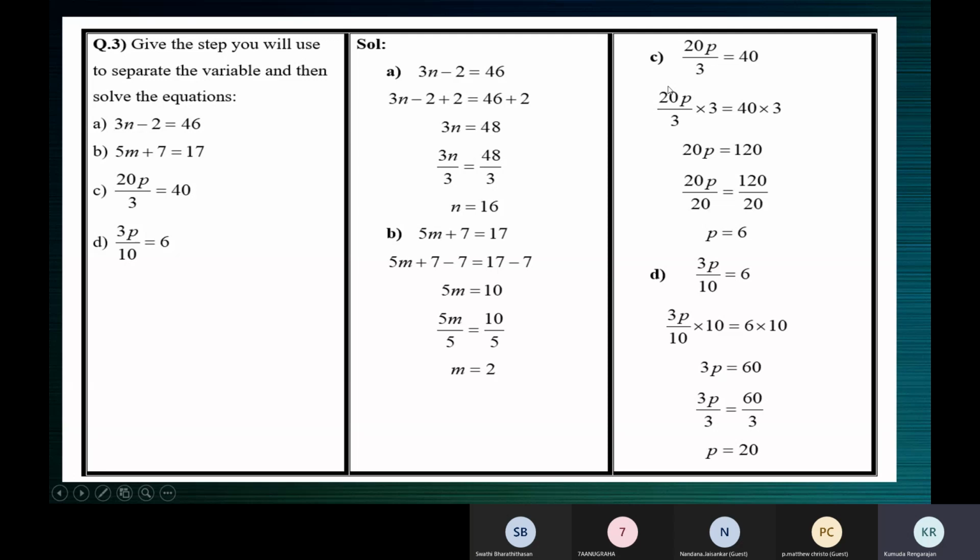So what will happen? 20 will cancel, 3 and 3 will cancel. So you'll have p is equal to 40 into 3 by 20. 2 twenties are 40, so 3 2s are 6. You can straight away multiply both sides by 3 by 20, the reciprocal of 20 by 3, and get it in one step.